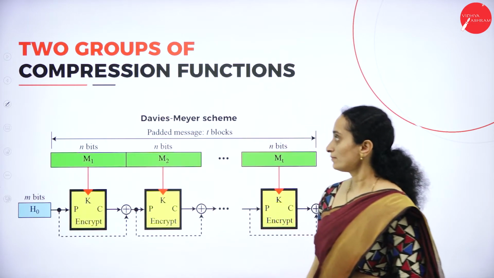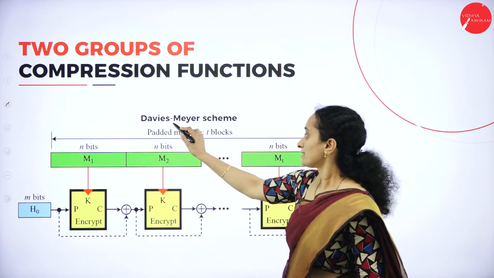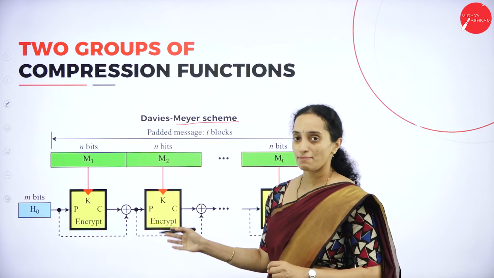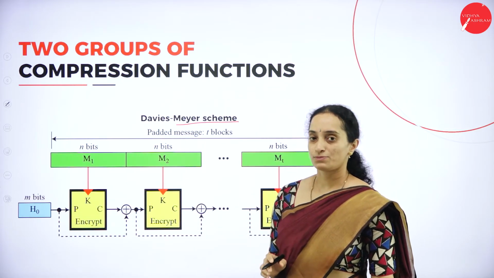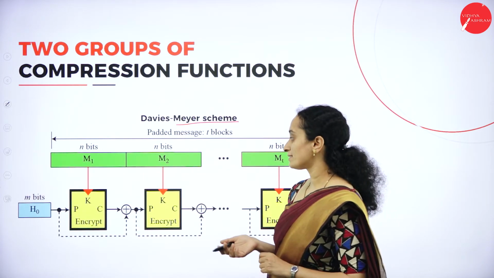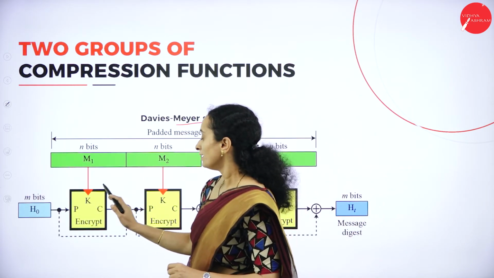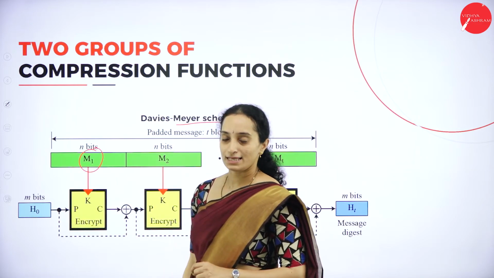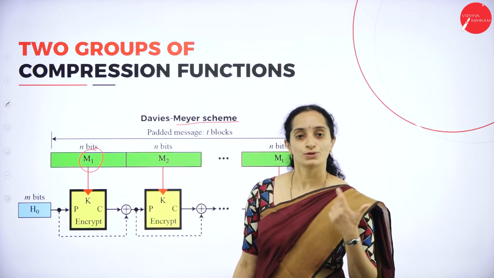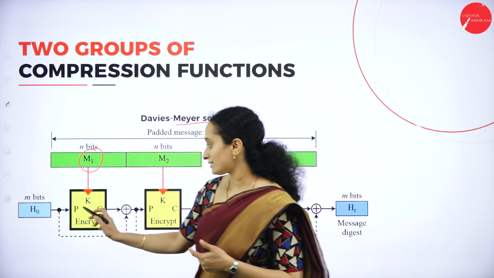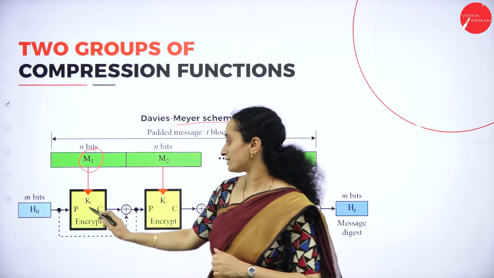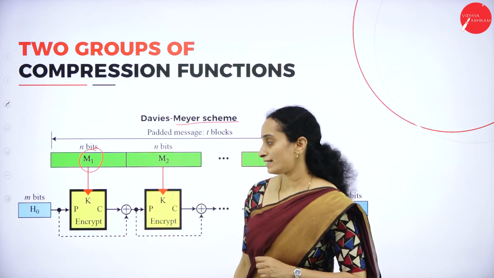Okay. Then we have another scheme, that is the Davies-Meyer scheme. This is the same as the previous one, that is the Rabin scheme, but it is improvised, as you can observe here. You can have the same message block as the key that is used to get the ciphertext. Again, the message digest from the previous message acts as the plain text.